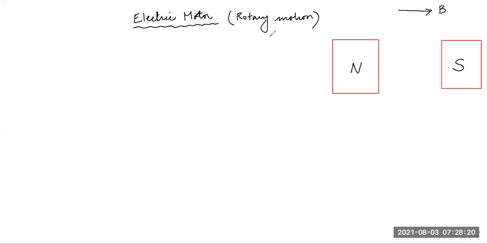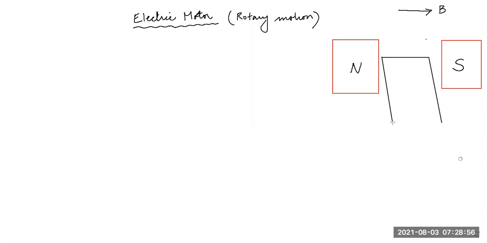Now, students, here we are having what we call as a rectangular insulated copper coil, right, in the form of this parallelogram or in the form of a rectangle, right? It's placed in the magnetic field produced by north and south poles, fine.